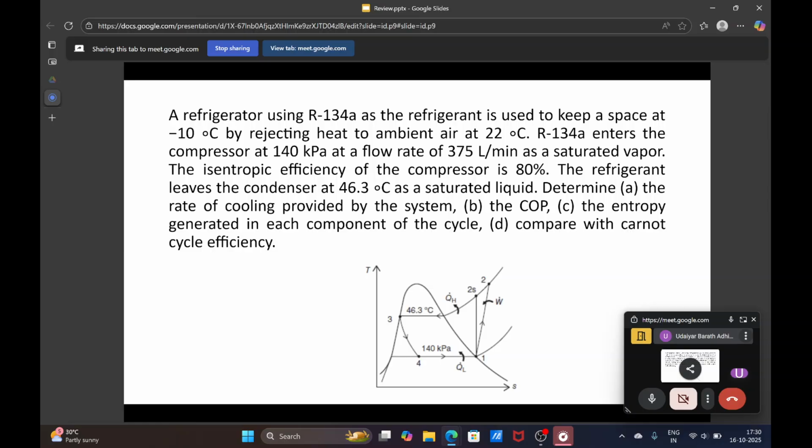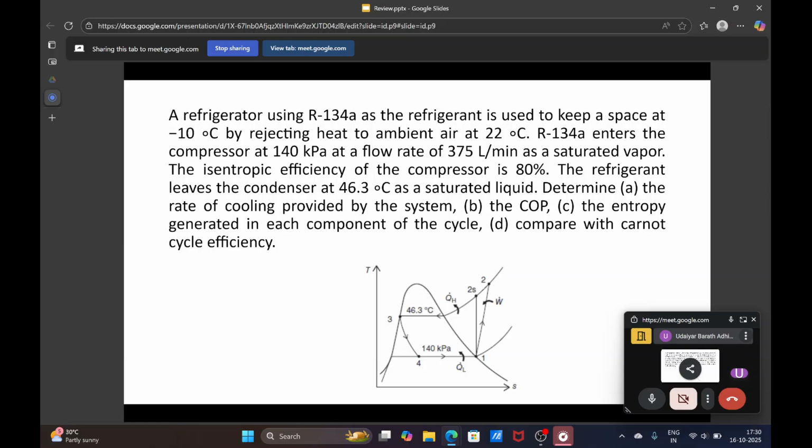So next, we have a refrigerator using R134A as a refrigerant, used to keep a space at minus 10 degrees Celsius by rejecting heat to ambient air at 22 degrees Celsius. R134A enters the compressor at 140 kilopascal at a flow rate of 375 liters per minute as a saturated vapor.